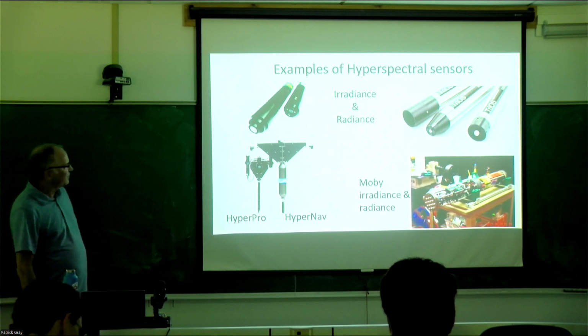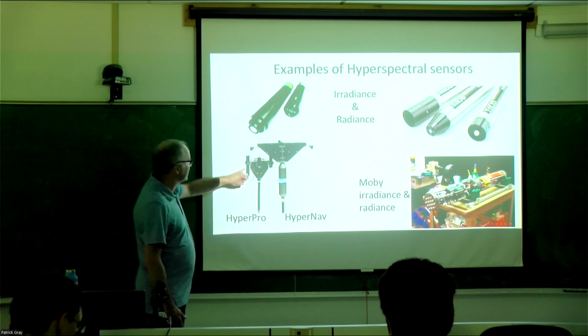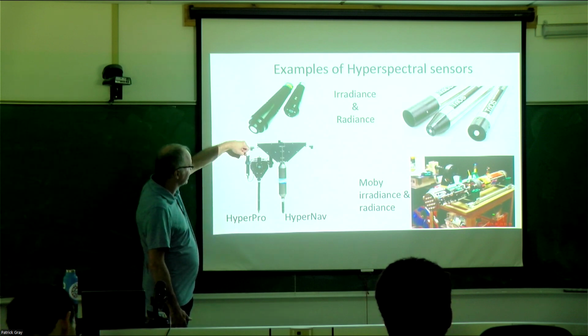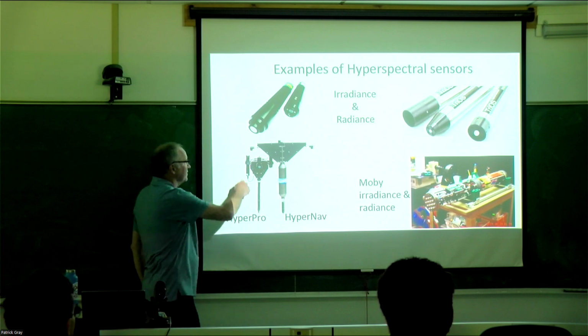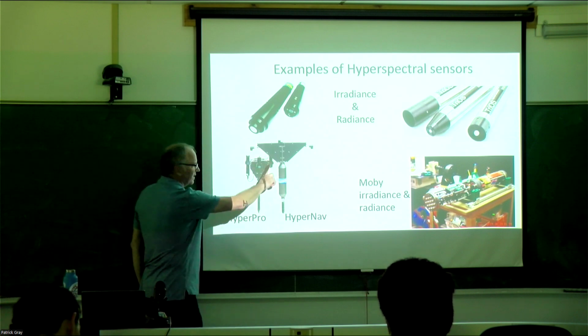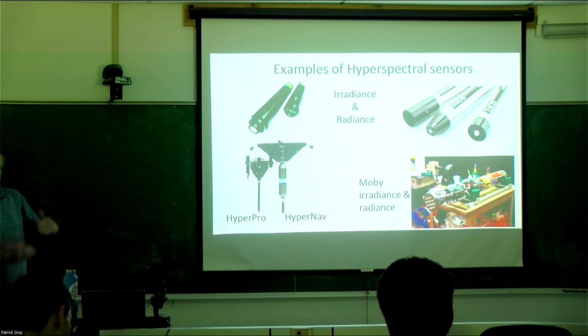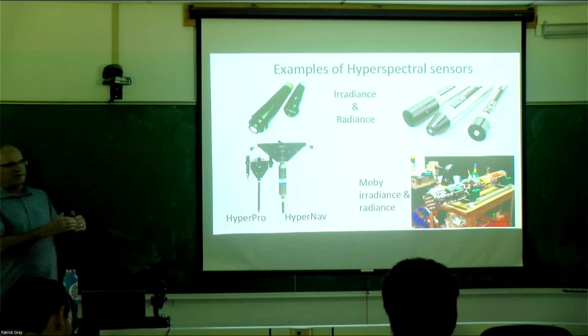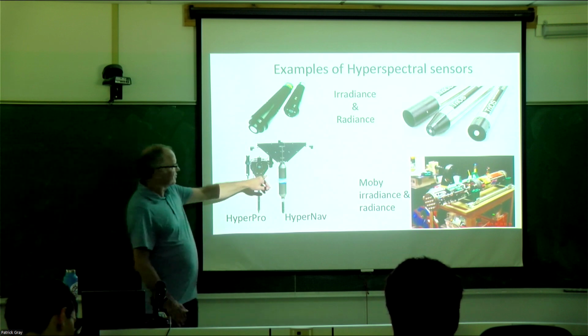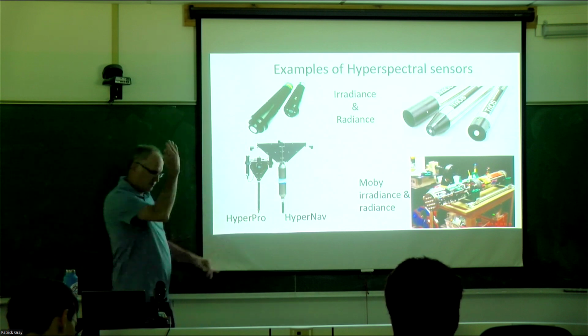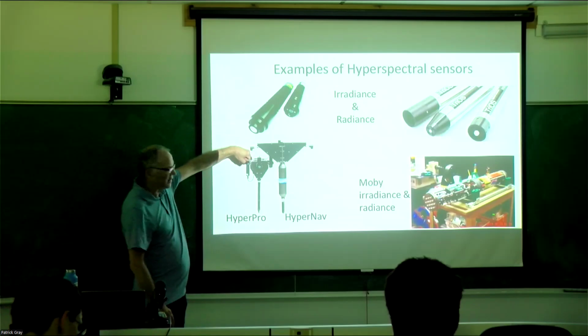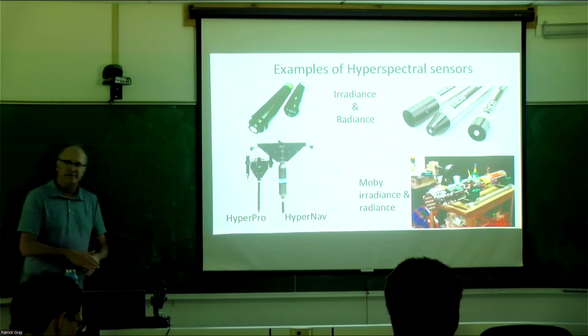Different ways, different platforms. Here's a HyperPro series system with a downwelling planar irradiance and an upwelling planar irradiance as well. So what is this trying to measure? This is planar irradiance in the upwelling direction, planar irradiance in the downwelling direction.